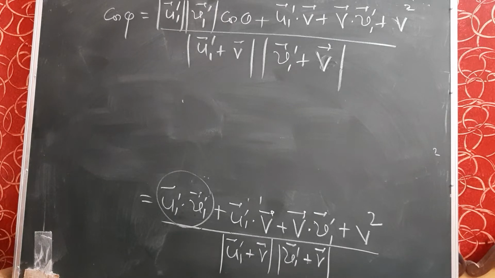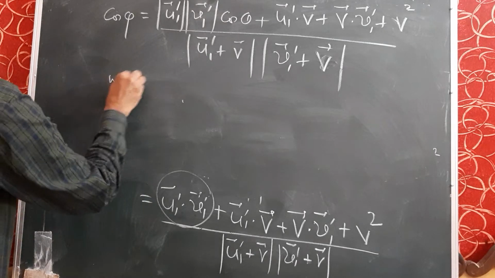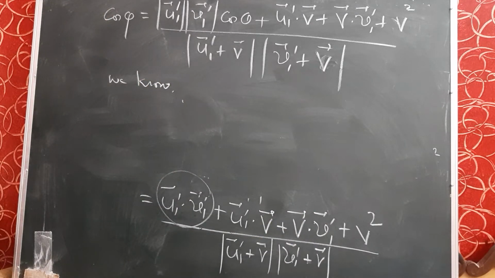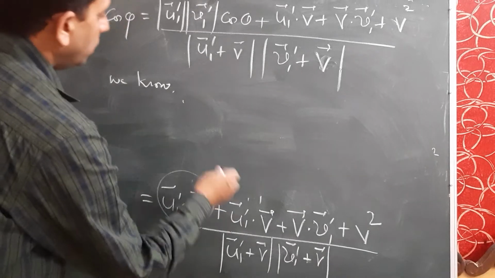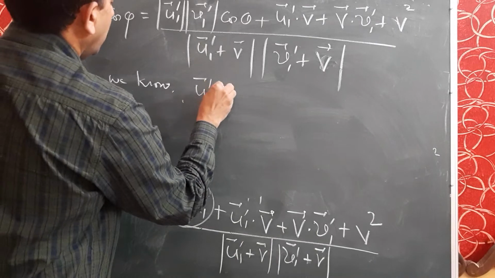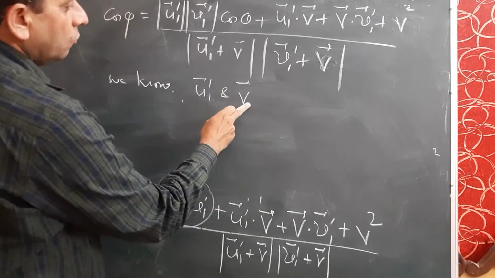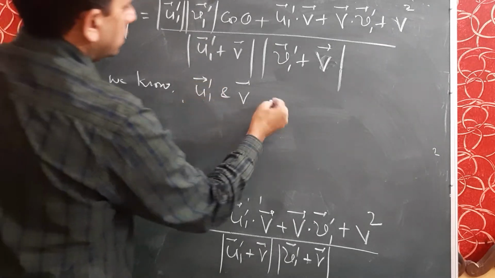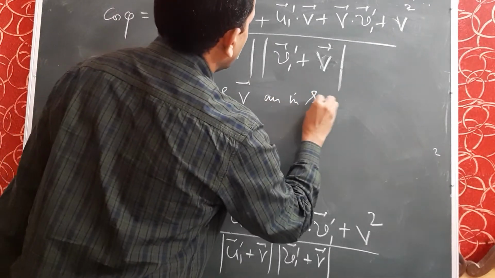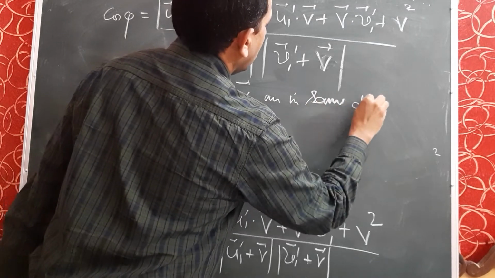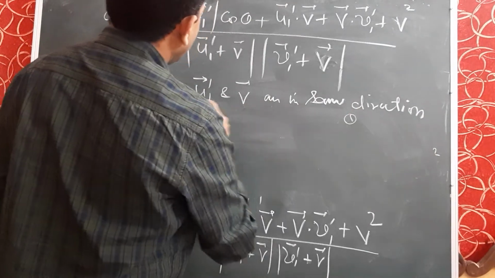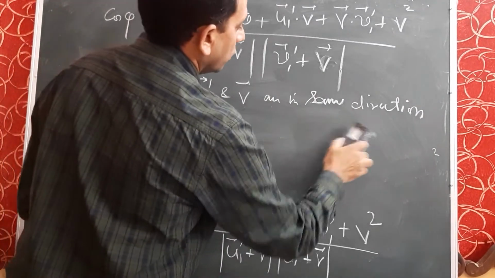Now we know, as we have studied in the previous article, that u1' and vector V, meaning the velocity of center of mass and the velocity of the first particle in center of mass frame, are in the same direction, meaning the angle between these two vectors is 0 degree.